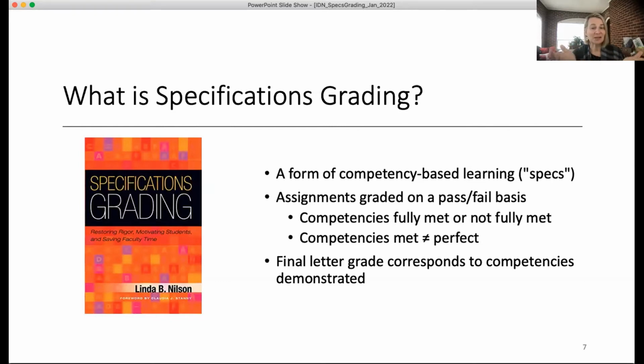Shortcut is specs. There's a book by Linda Nielsen, which is a great book. I knew all of this stuff already as an instructional designer about competency-based and criterion referenced systems. But I was part of a reading group, I don't know when it was, 5, 6, 7 years ago. And we were reading this book, and it gave me a moment to pause and think about, what do I actually do in my own classes?